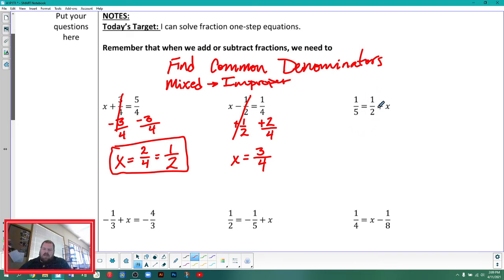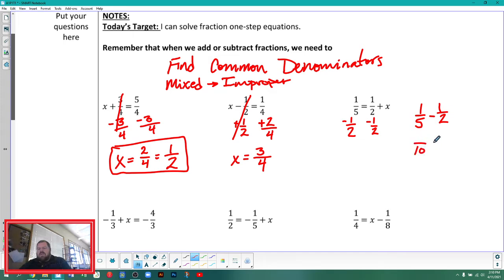The next one, I've got 1/2 being added to x, so I'll take 1/2 away from both sides. And this one, I'm going to do a little bit of work on the side. So I've got 1/5 minus 1/2. And I want to come up with common denominators.